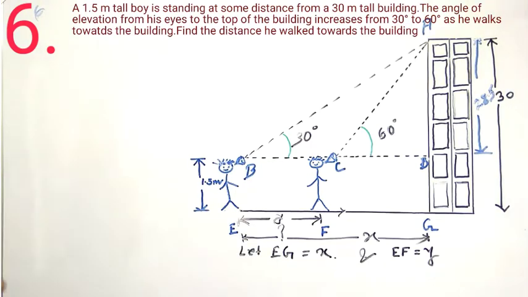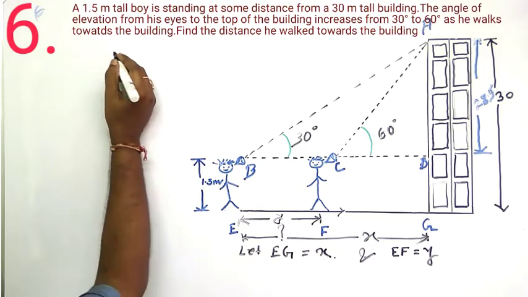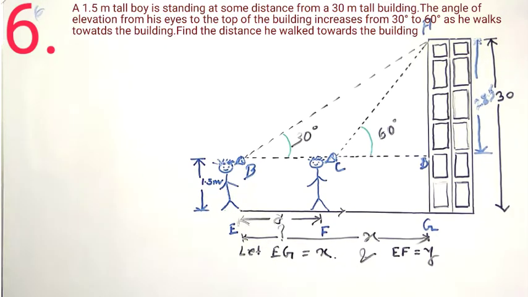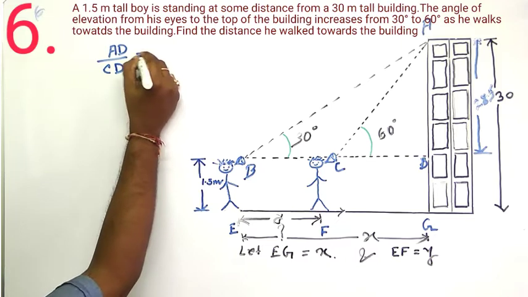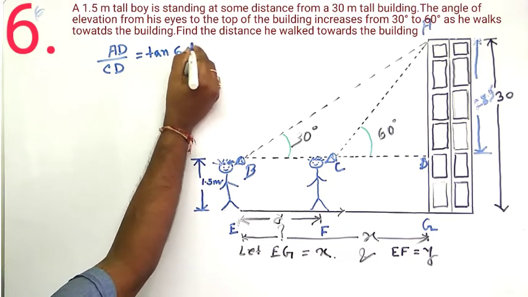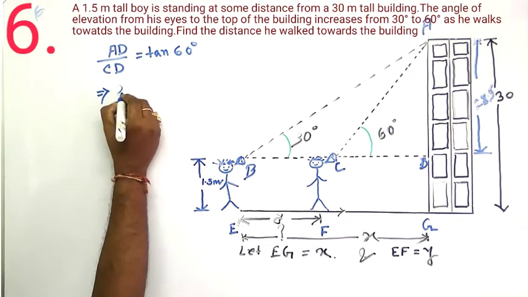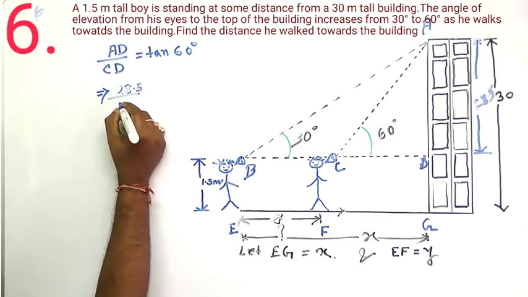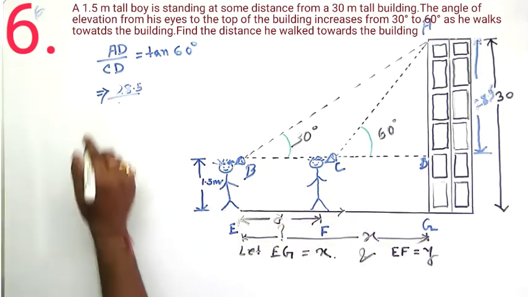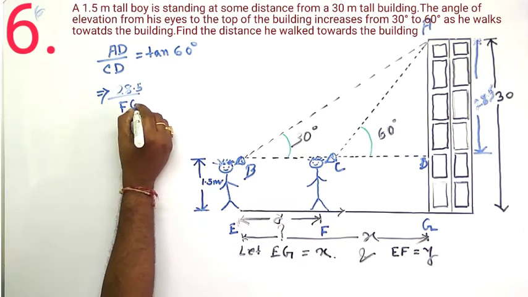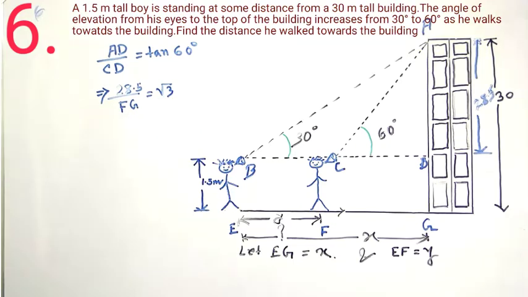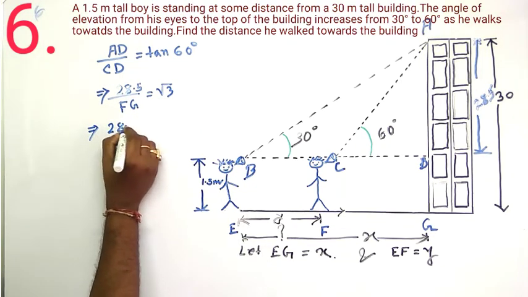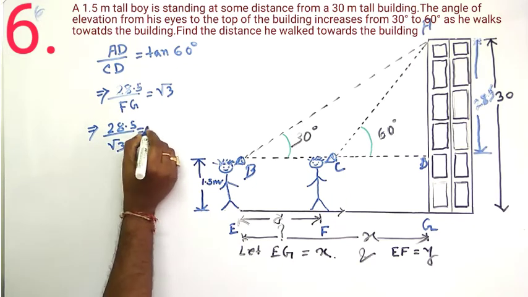Very simple. First we will write AD by CD equals tan 60 degrees. This implies 28.5 by CD, and the value of CD is the same as FG, equals root 3. So 28.5 by root 3 equals FG.